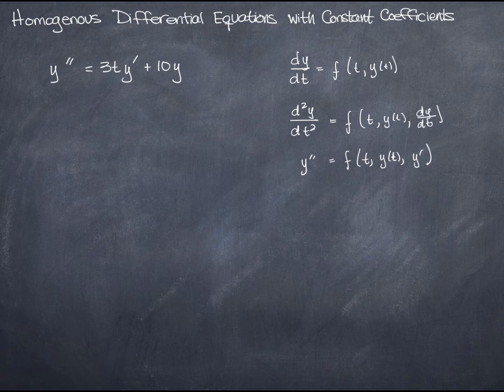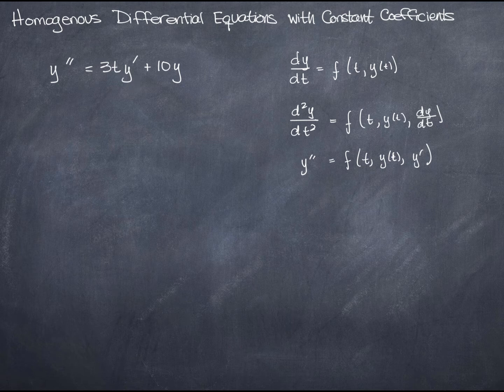And that's essentially what I've got going on here. I have a function. The left-hand side is the second derivative, the second derivative notation, right? It's this particular form in this case. It may sometimes be in this form. The right-hand side is a function that contains t's, y's, and first derivatives, y primes. There's my t, there's my y, and there's my y prime.